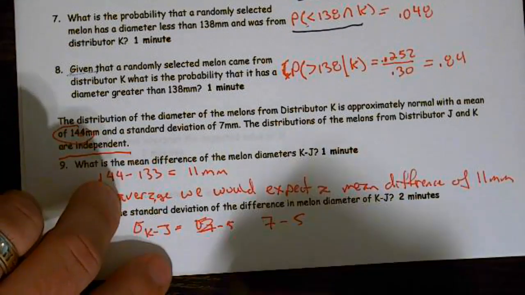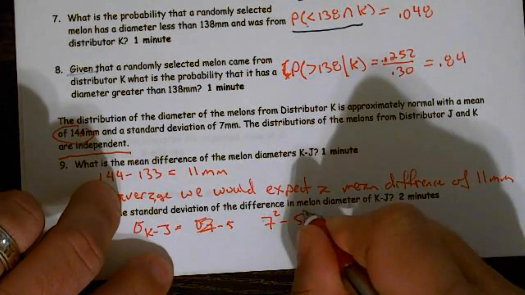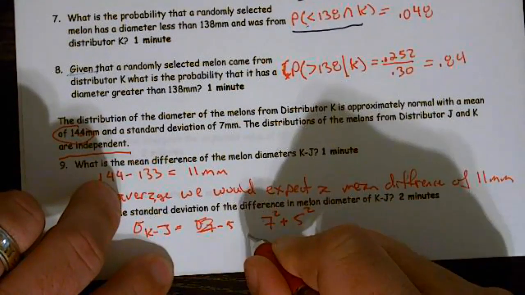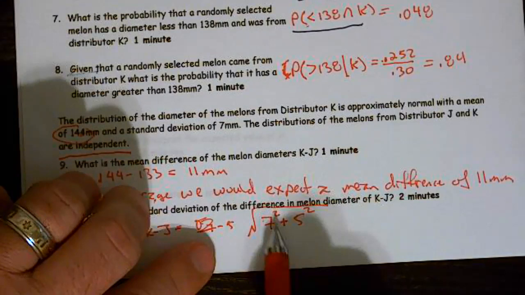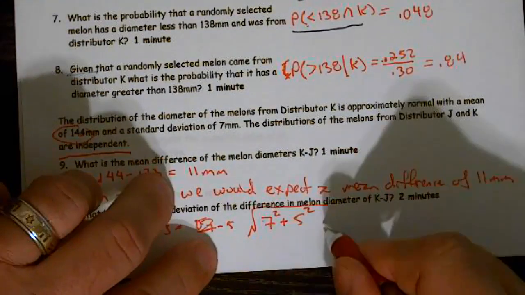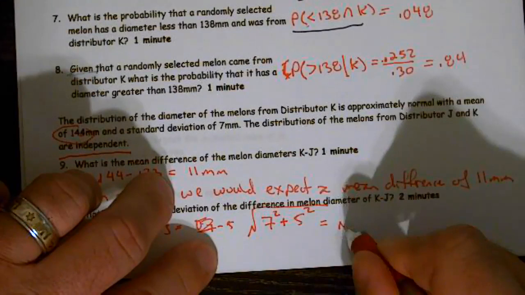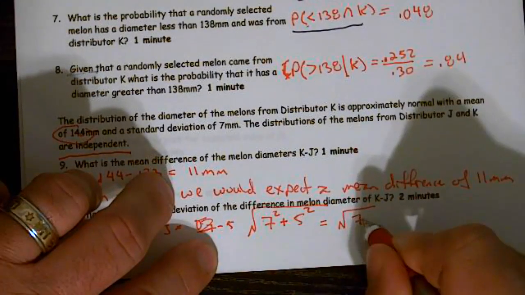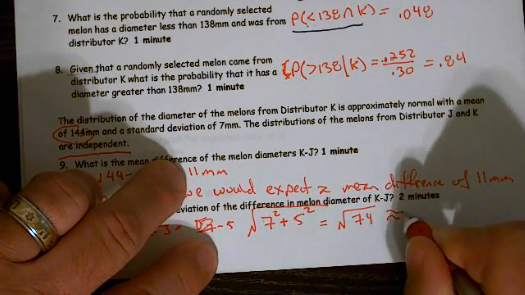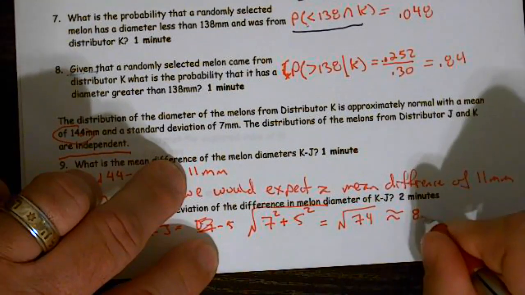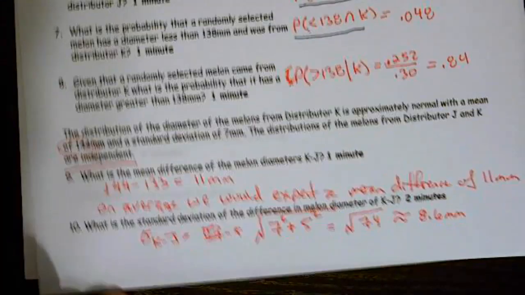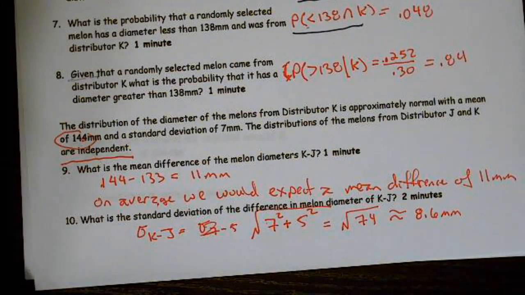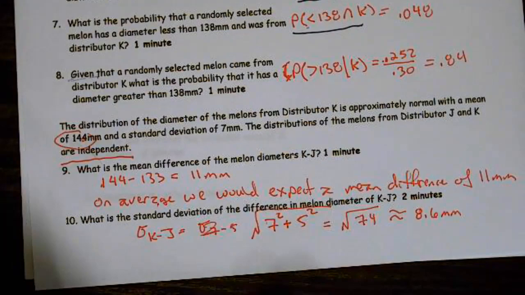I have to square them and add them. So the square root of 49 plus 25 equals the square root of 74, which is approximately 8.6. All right, that would be my answer for this one, and that would be work shown. I should show all of that.